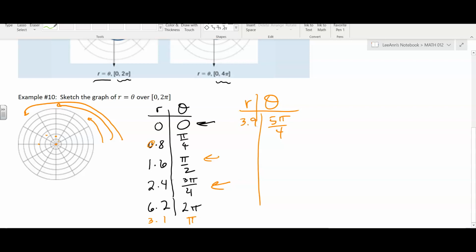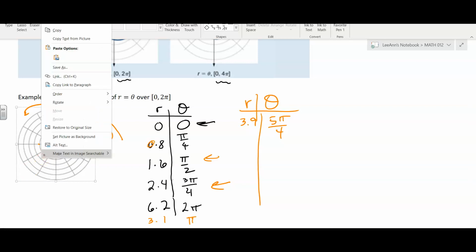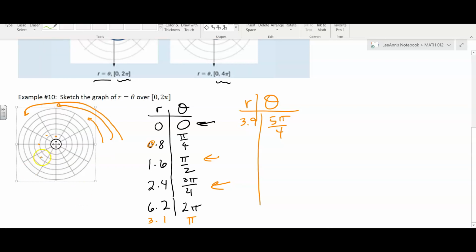And so 5 pi over 4 is going to be in my third quadrant here. And it's 3.9. So 1, 2, 3, 9. This is why I don't want to do it by hand. I keep losing my circles. 2, 3. So right there.